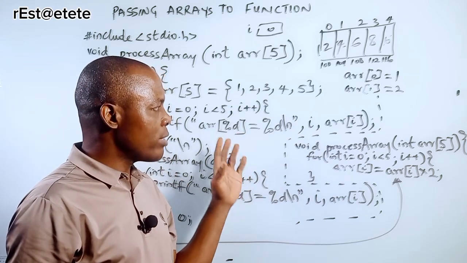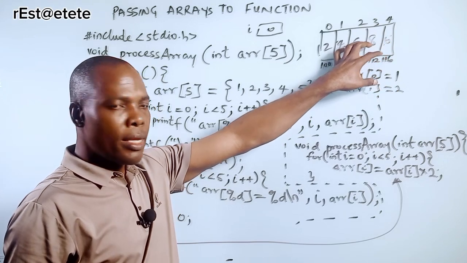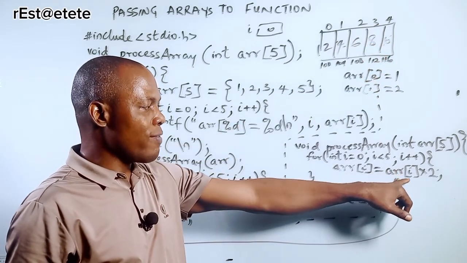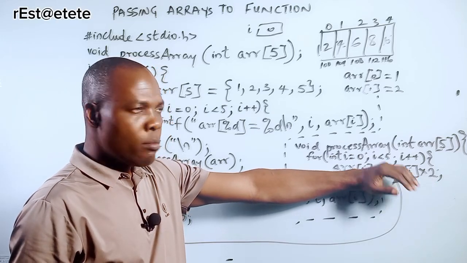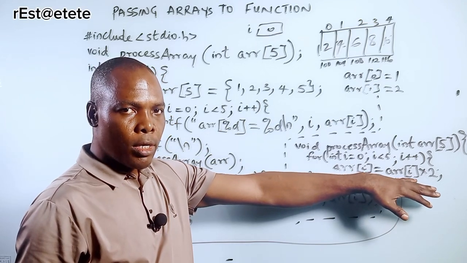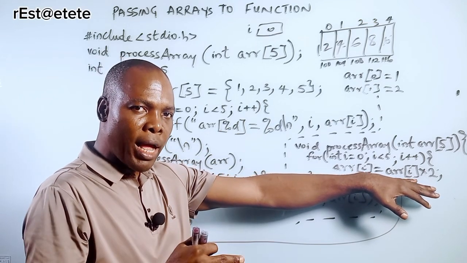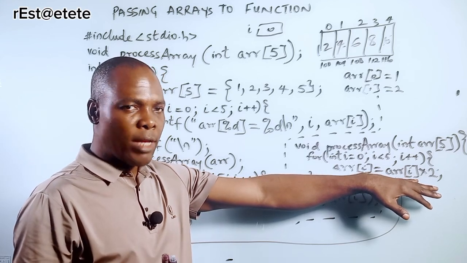So that is what I'm trying to tell you, that changing whatever you want inside this array depends on whatever formula that you have here. I can put any other thing here, but this is just what I wanted, and the formula to achieve it is this. So once you can access that formula, you can always create any output that you are looking for. That is what I want to show you.